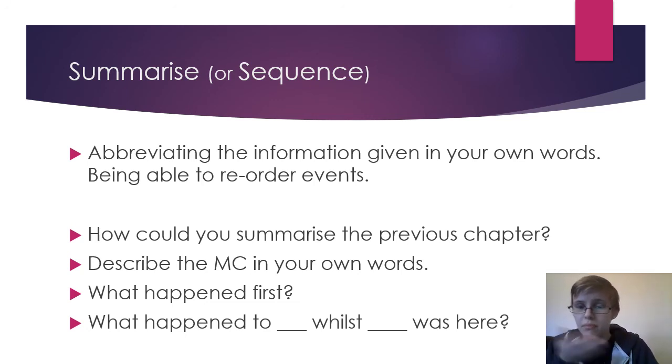What happened to Wallace was here? So you could say, I remember that part of the story, and then summarise it. That's a really nice way of quickly explaining something that somebody has missed. For example, if you missed part of a guided reading lesson and somebody's come back to you and gone, oh, that's what we did, that's them summarising all the things that have happened that you've missed really quickly.